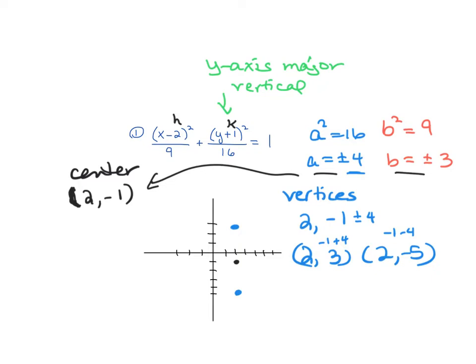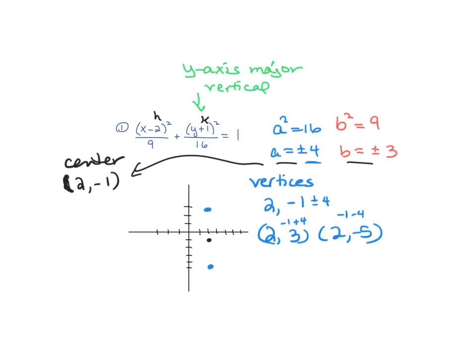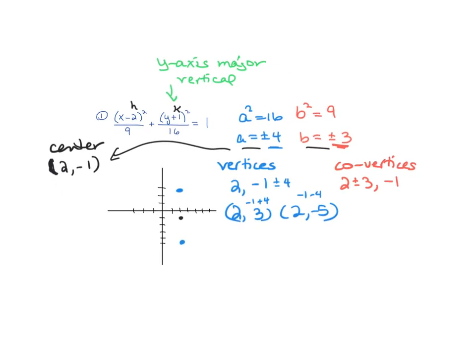And now I'm going to do the same thing for the minor axis and get my co-vertices. Notice before I added and subtracted the 4 to the y, now I'm going to add and subtract the 3 to the x of the center. So I'm going to add and subtract 3, and this time the -1 is going to stay. So my co-vertices are going to be first 2 minus 3, so that gives me -1, -1.